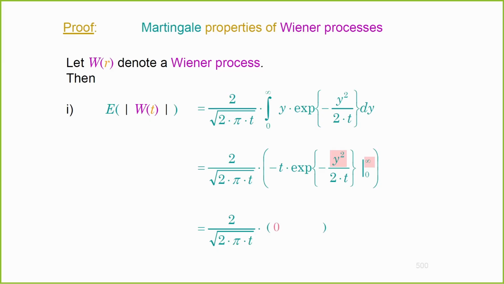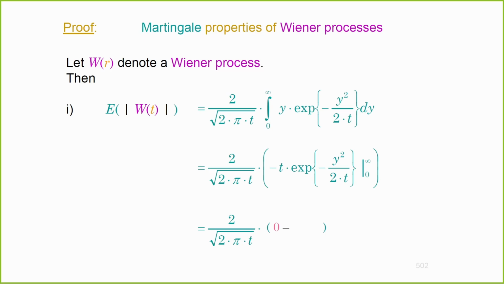If y tends to infinity, the whole thing would tend to 0, because -t times e to the power of, quote unquote, -infinity would be -t times 0, which yields 0. So that's what comes out if you look at the antiderivative at the upper endpoint, which is not an endpoint technically, but it could be.